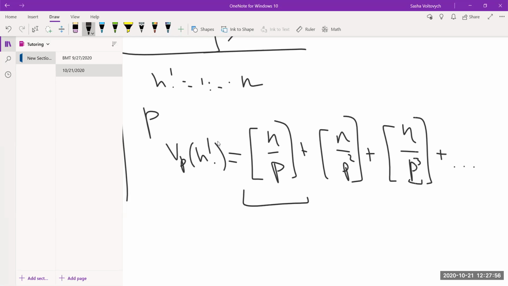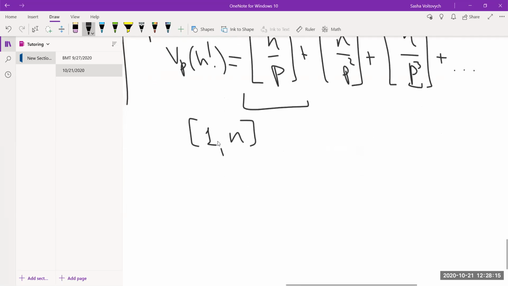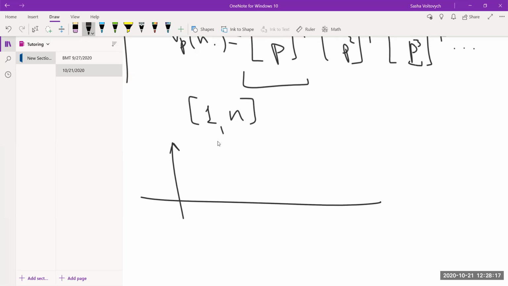So this is the number of numbers in the interval from 1 to n that are divisible by p. So they contribute 1 power of p into the sum. Okay, so if we draw a diagram where the x-axis would be numbers from 1 to n, and on the y-axis we capture the power of p that divides them.